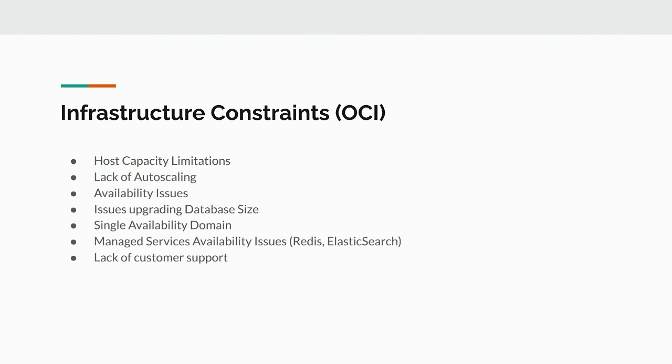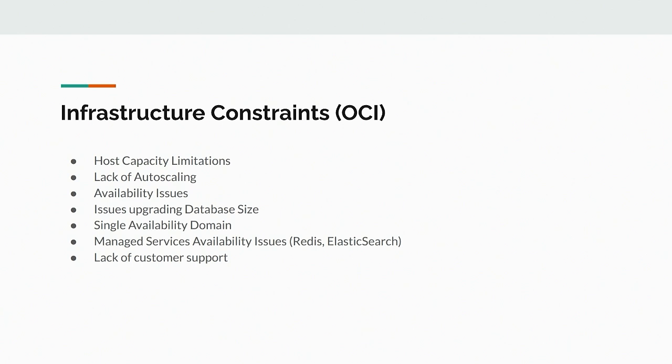Then we were getting some issues related to database upgrade size, and due to a single availability domain. These were all actually resource issues at the Oracle end, because they had very limited resources in their Jeddah region.